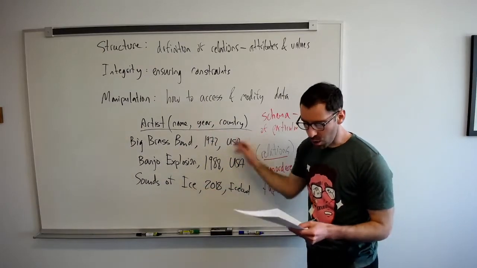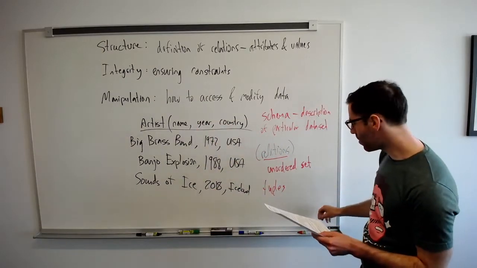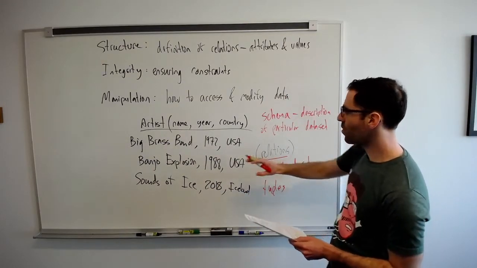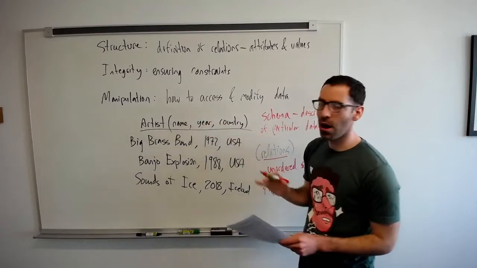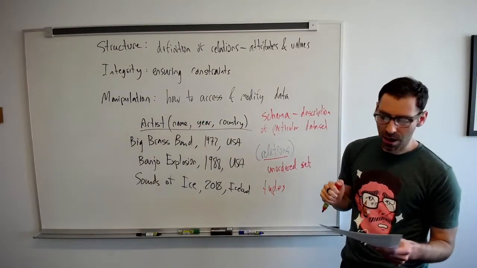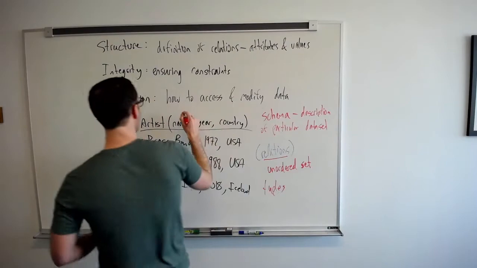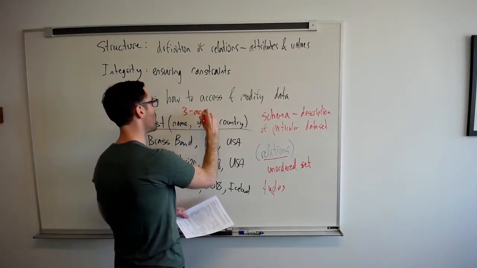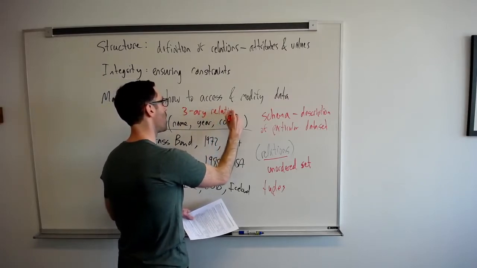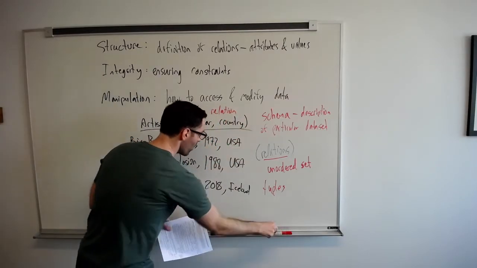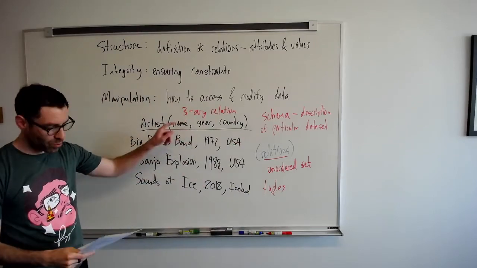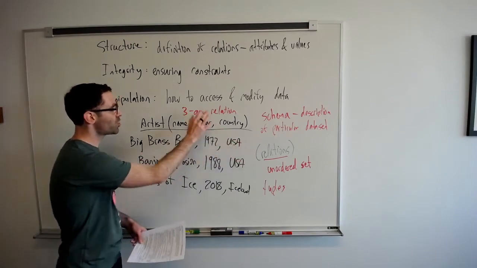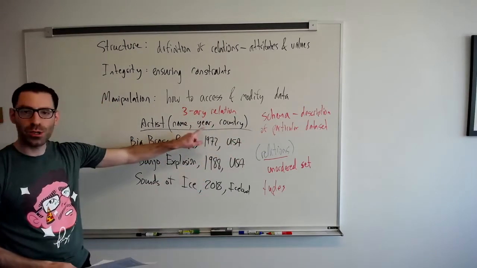So our relation here, where n is the number of attributes, we'd say it's an n-ary relation. So this would be a 3-ary, or the arity of the relation would be 3. And each attribute has a particular domain.